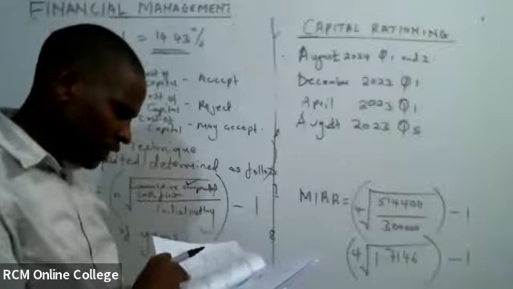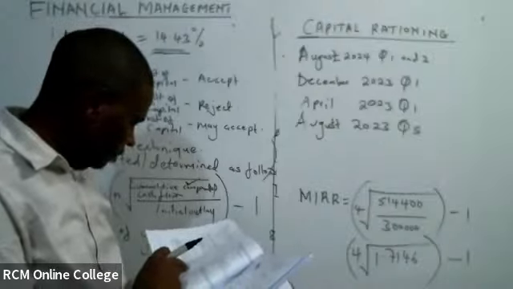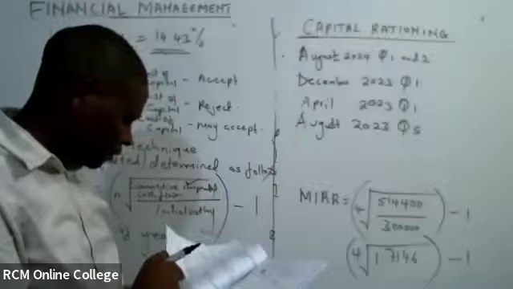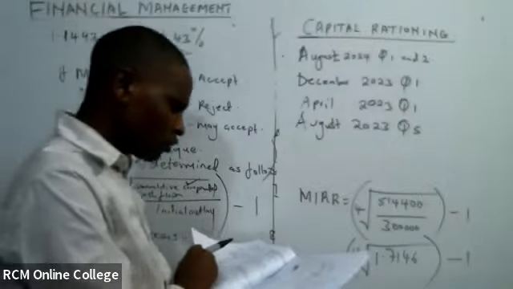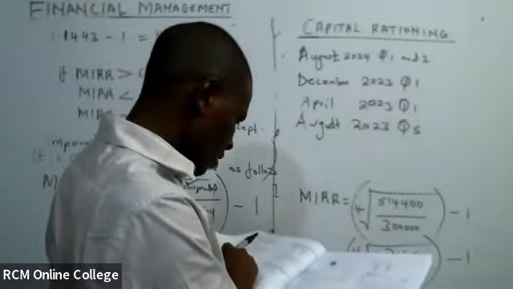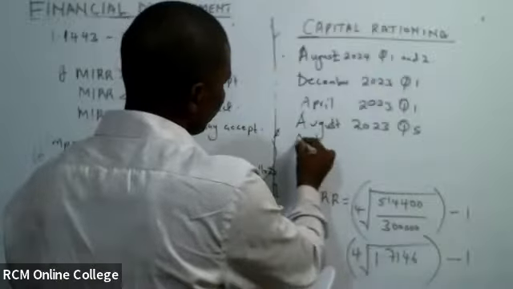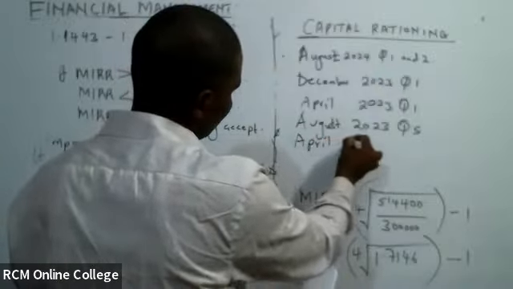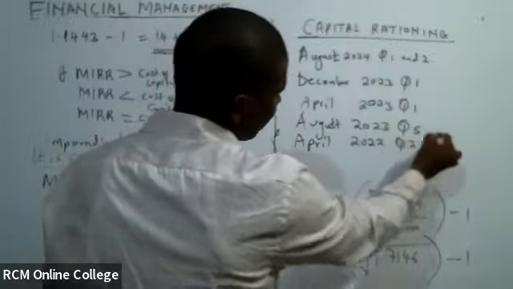Why can't you go and try this one for payback period again? Twende tujaribu hii. This is April 2022, question number 2C.